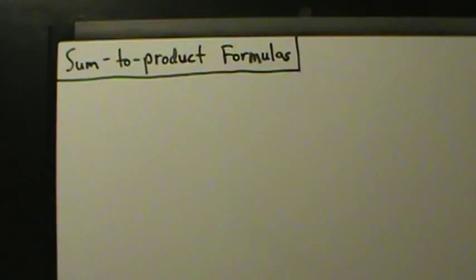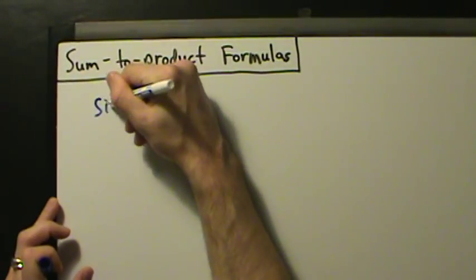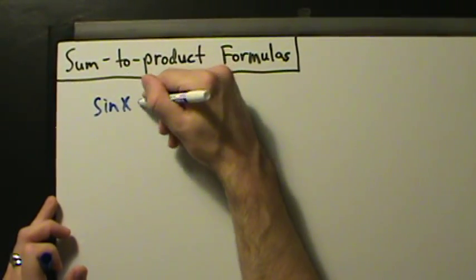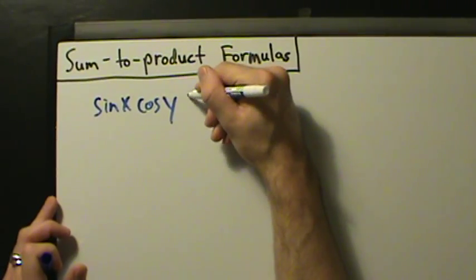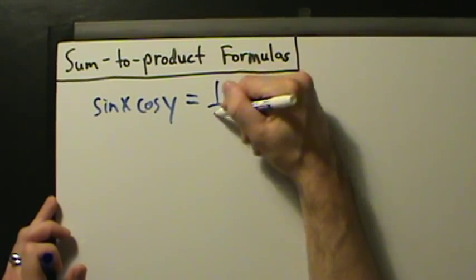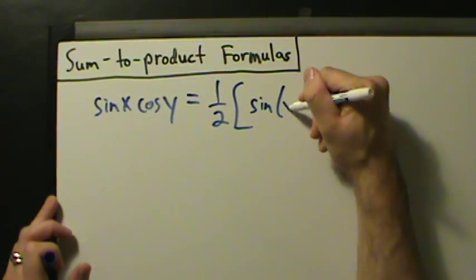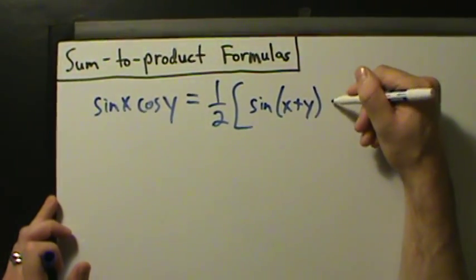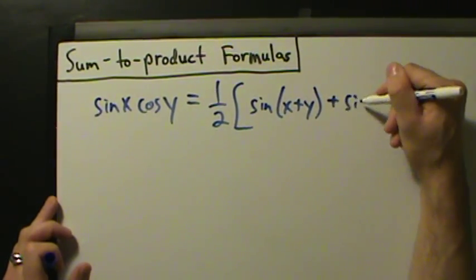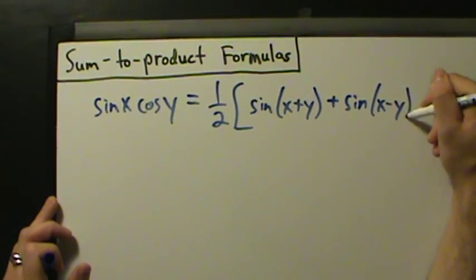With x's and y's instead, we have sine x cosine y equals 1/2 times the quantity sine of x plus y plus sine of x minus y.